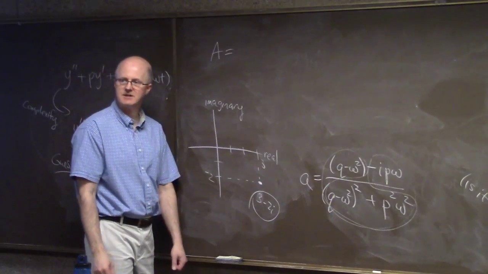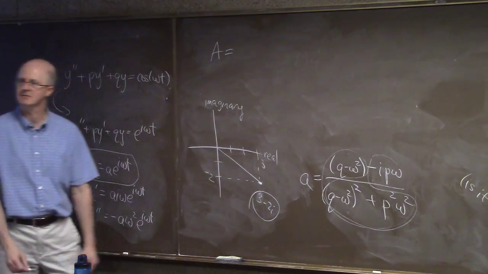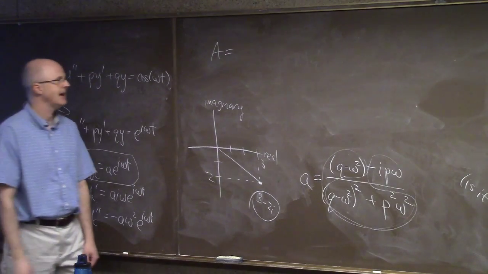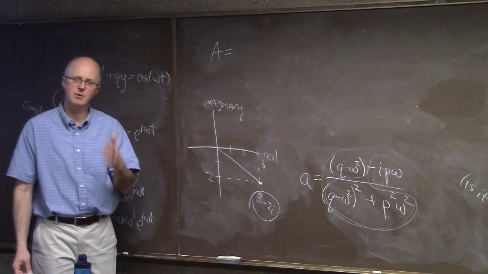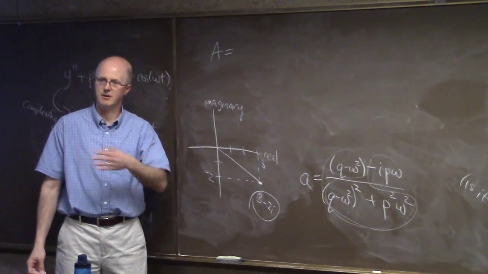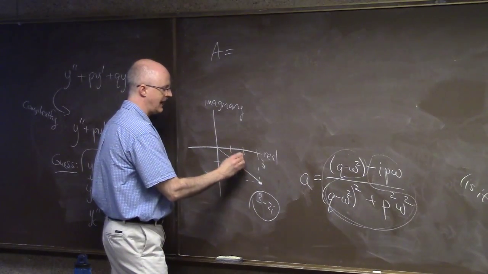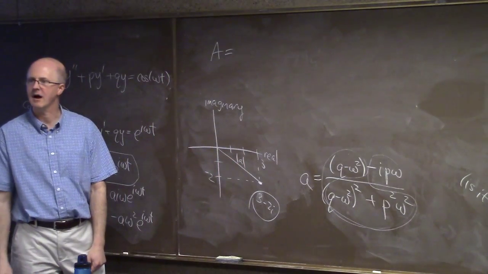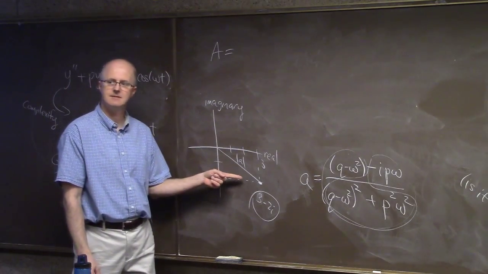As a point in such a plane, this complex number has a certain distance to the origin. And just like absolute value of a real number measures the distance between that real number and the origin on a real number line, we also write the absolute value of the complex number little a to represent that distance.